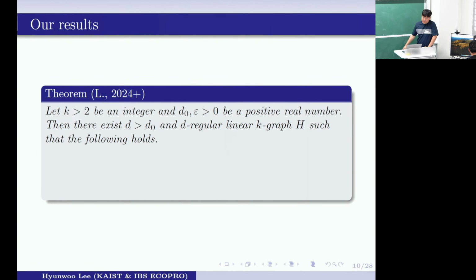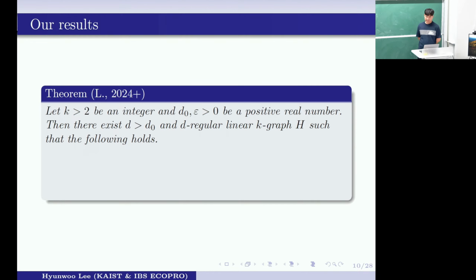And our result is we disprove Kahn's conjecture for all k at least 3. So let k be at least 3, and d0 and epsilon be some positive real numbers.